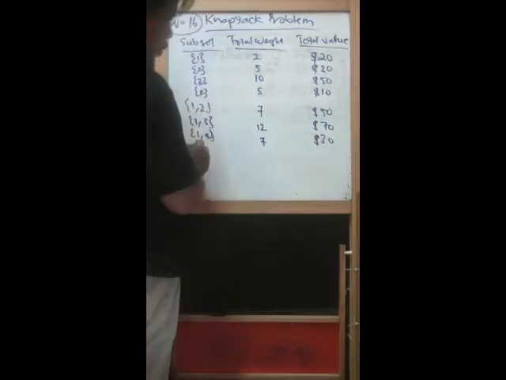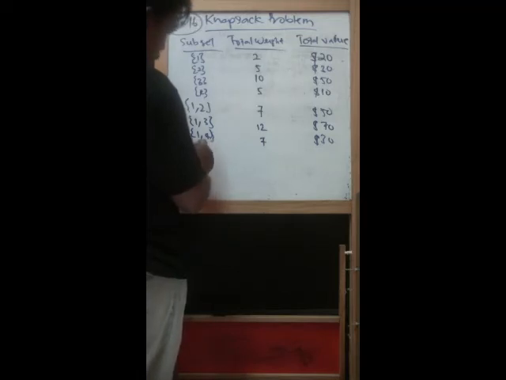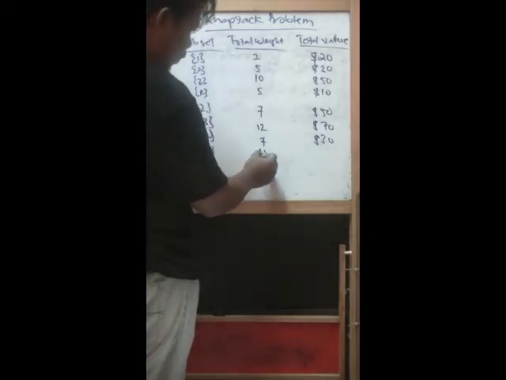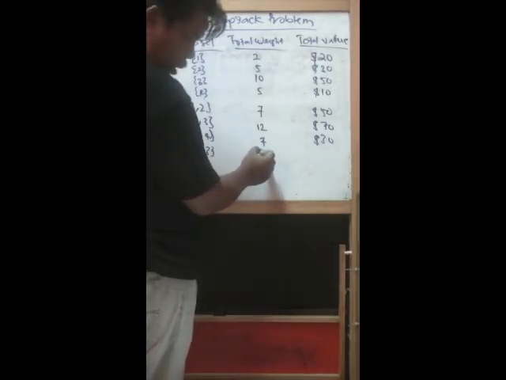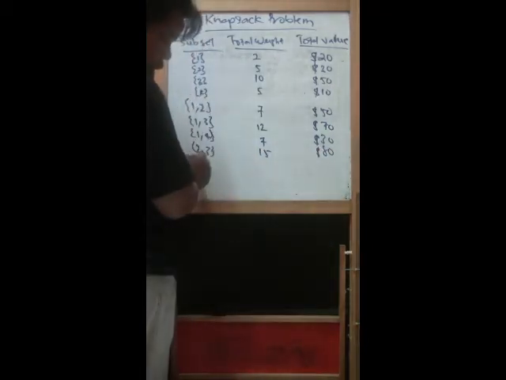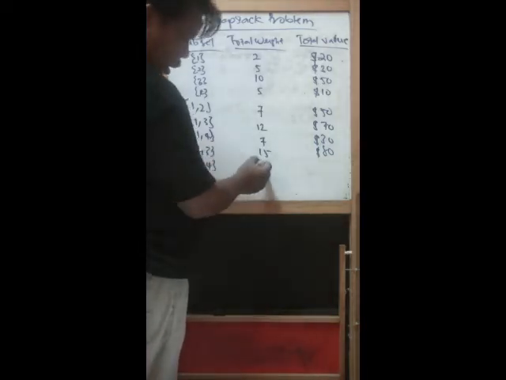And we have 2 and 3, for example. 2 and 3 is 15, and the amount is 80 ringgit. And try 2 and 4, items 2 and 4 here, where the total weight is 10, and the amount is 40 ringgit.